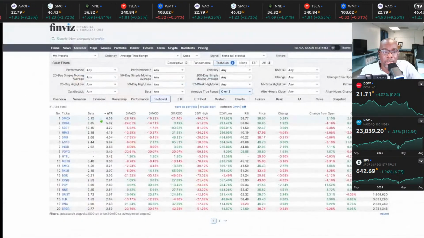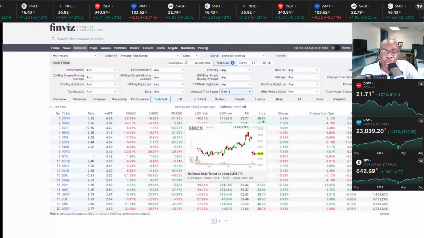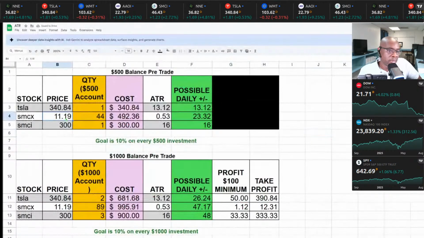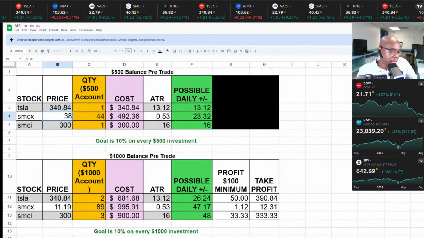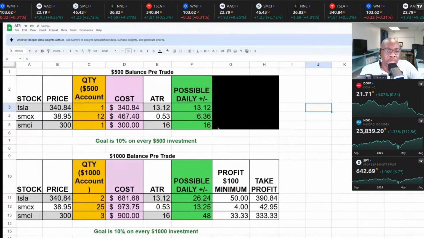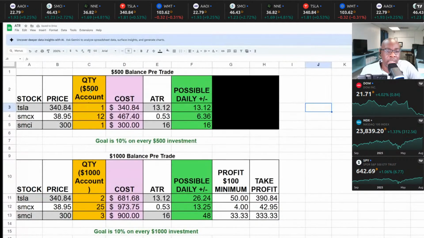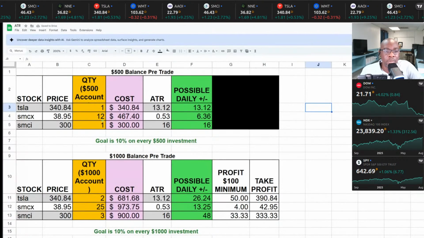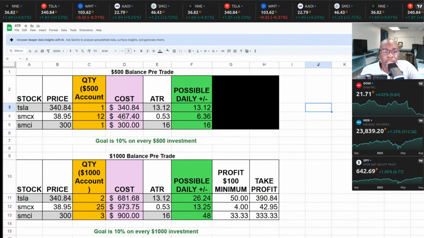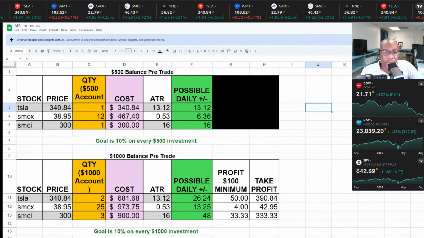The price for this stock right here is $38.95. And so that basically means with $500, we can buy 12 stocks at $38.95, and that will cost us $467.40.